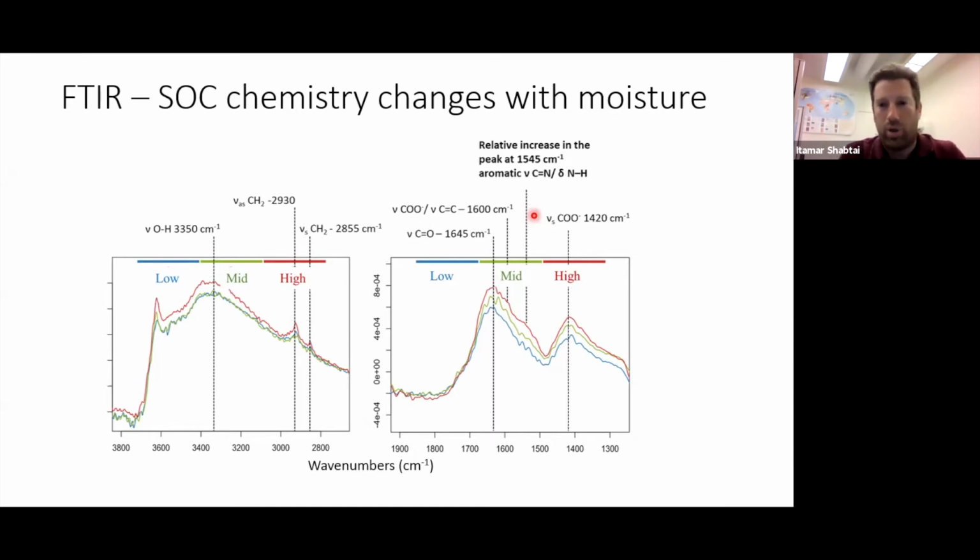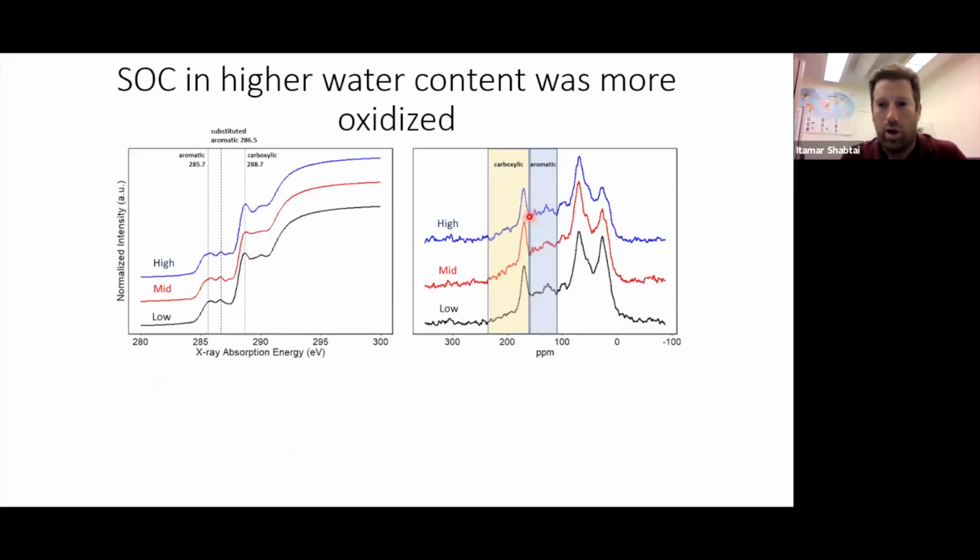And while FTIR is a great exploratory type of analysis that allows us to understand maybe differences that are happening in composition and amounts, it is difficult to obtain quantitative numbers from this type of analytical technique. So we turn to carbon NMR on the right and carbon NEXAFS, which is another type of spectroscopy that we like to use for carbon.